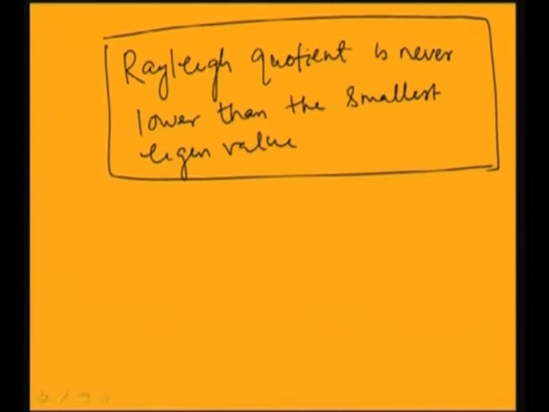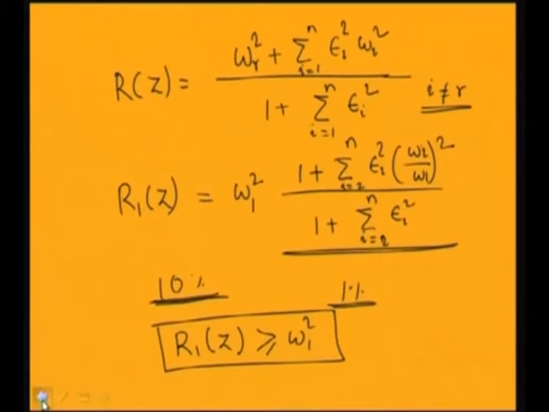Also, you can see that in a conservative system, the frequency of vibration has a stationary value in the neighborhood of the natural mode. From this expression you can see that if you take any other value of z, you will always get a value nearer to this omega 1 square.